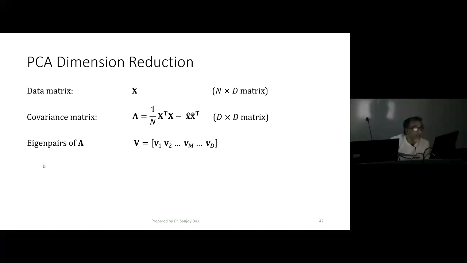Then we obtain the eigenvalues and eigenvectors of the covariance matrix. The covariance matrix is not a diagonal matrix, by the way. The dimensions are correlated, so sigma 1,2, sigma 2,3, and so on, and they could be positive or negative numbers.